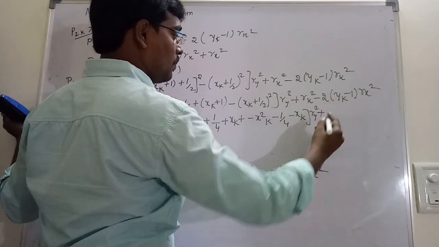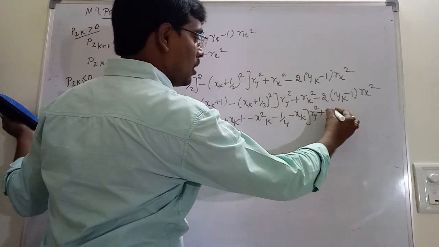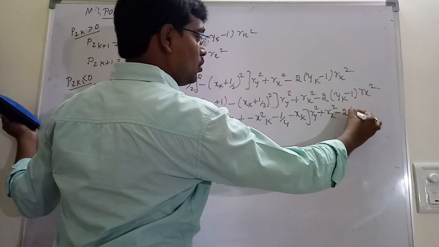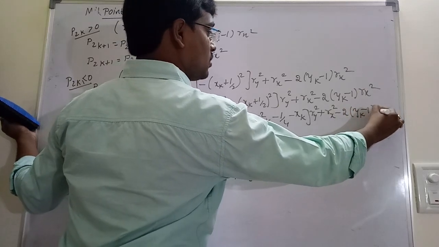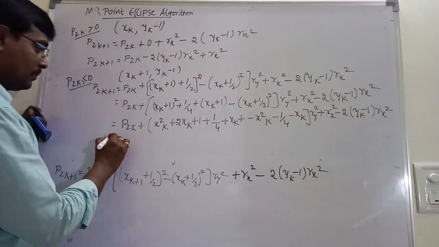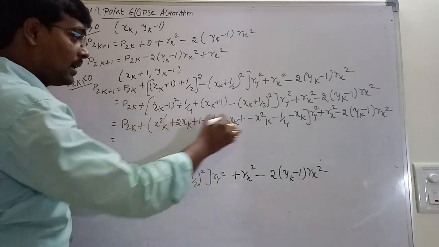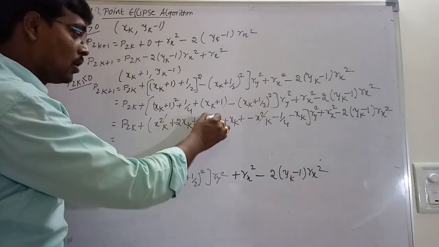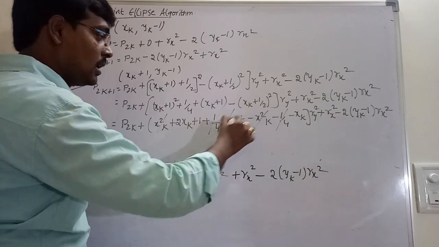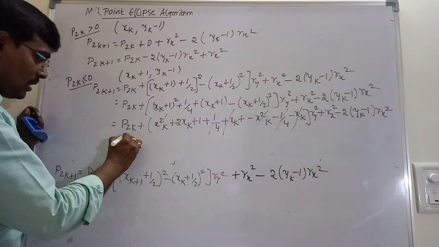The x square k terms are cancelled, 1 by 4 cancelled, xk and xk are cancelled.